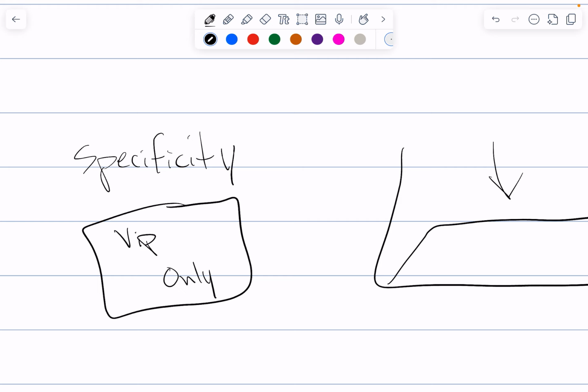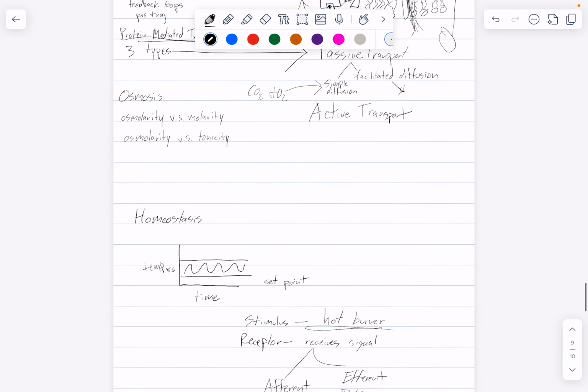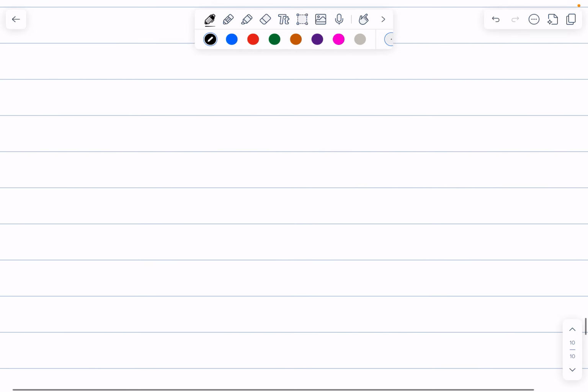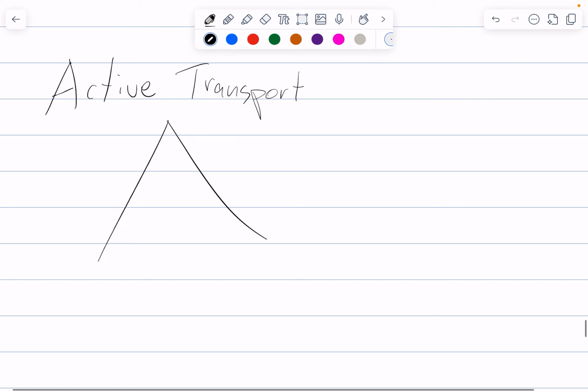Now on to active transport. There is primary active transport and secondary active transport.